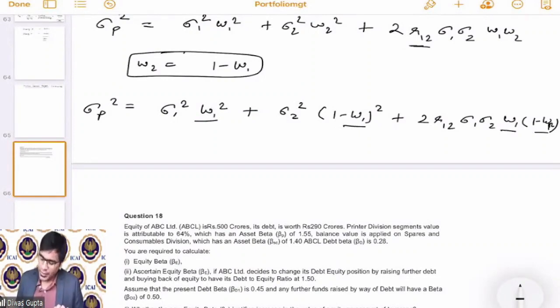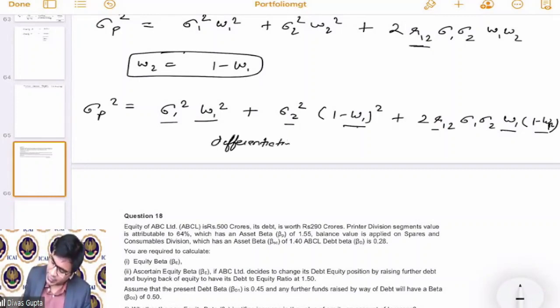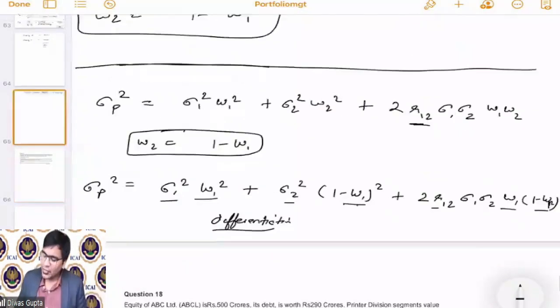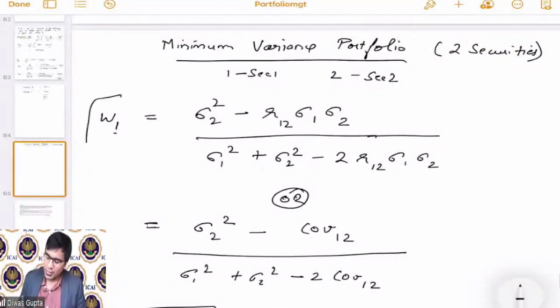Because this is already constant, this is also constant, and we are trying to find out the weight, hence weight is the variable. Now if you open all this equation, multiply everything, and then do the differentiation of this entire equation, then you will get this formula.